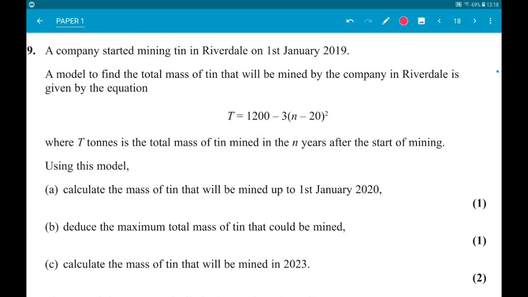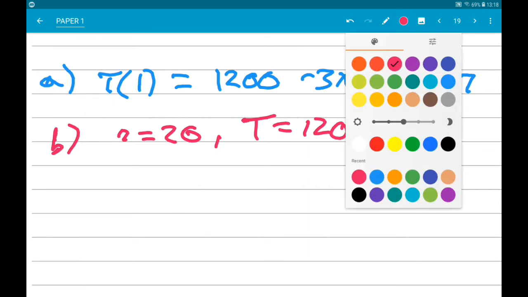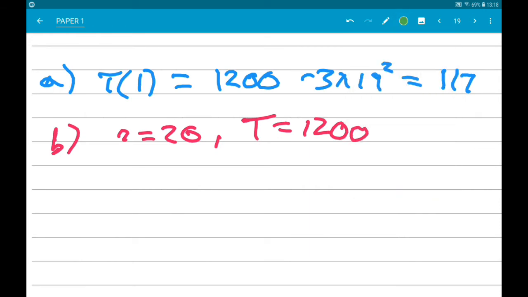Part C wants us to calculate the mass of tin mined in 2023. So that's not saying up to 2023, just in 2023. So what we're going to want here is the total on 1st January 2024 minus the total on the 1st January 2023.